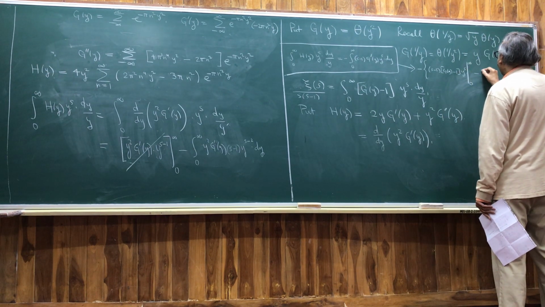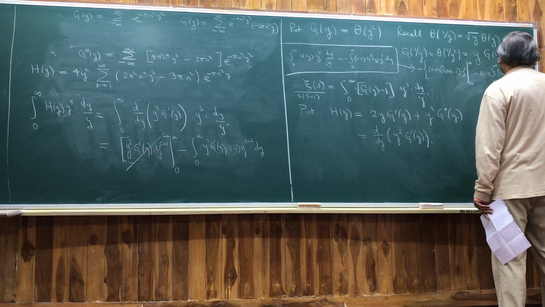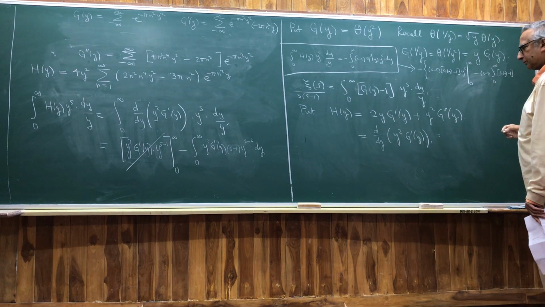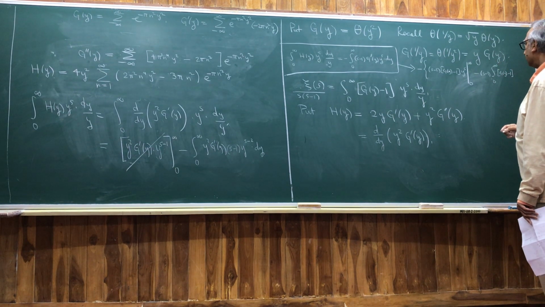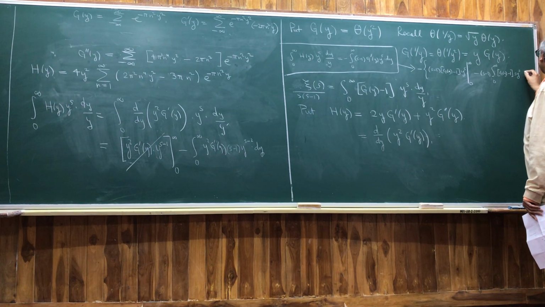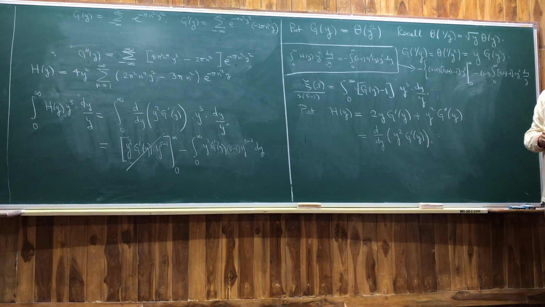Minus s minus 1, integral 0 to infinity, g of y minus 1 times s y to the s minus 1, which is s dy over y. This is fair enough, everybody? Just doing integration by parts.